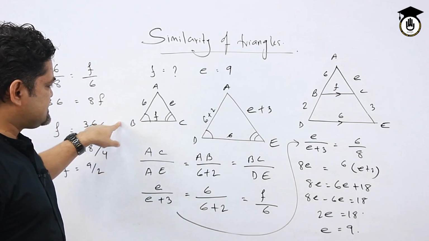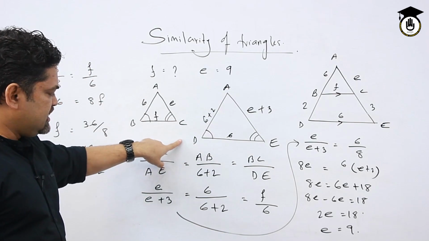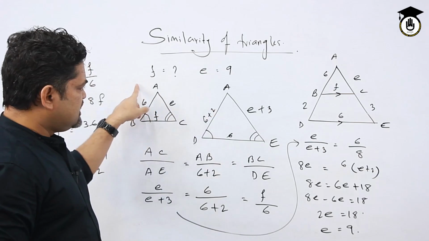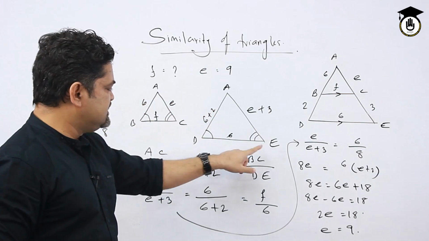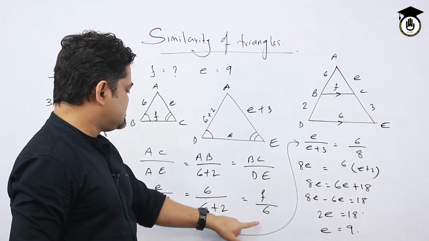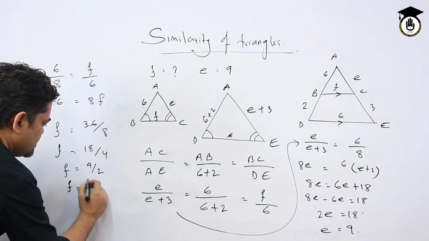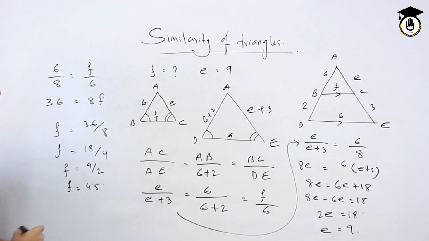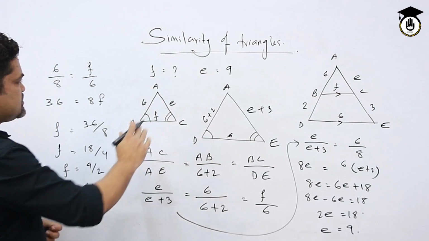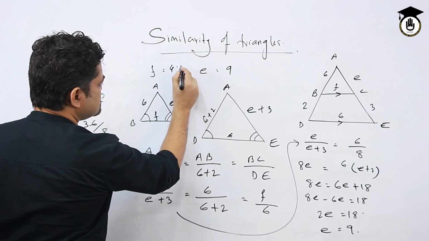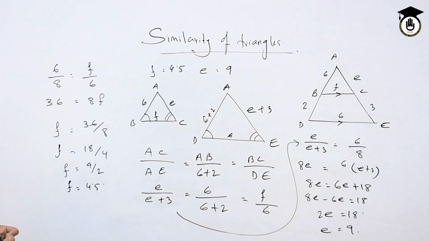AB with the value is 6, AB by AD. So 6 by 8 and here it's coming BC by DE, that is F by 6. So 6 times 6 is 36, right. So F it's coming 9 by 2. So here you can write 4.5. So this one problem has been solved. So here I can write F equals 4.5.